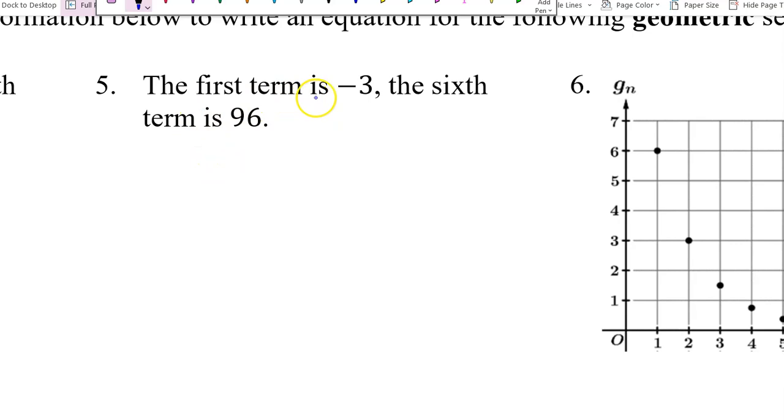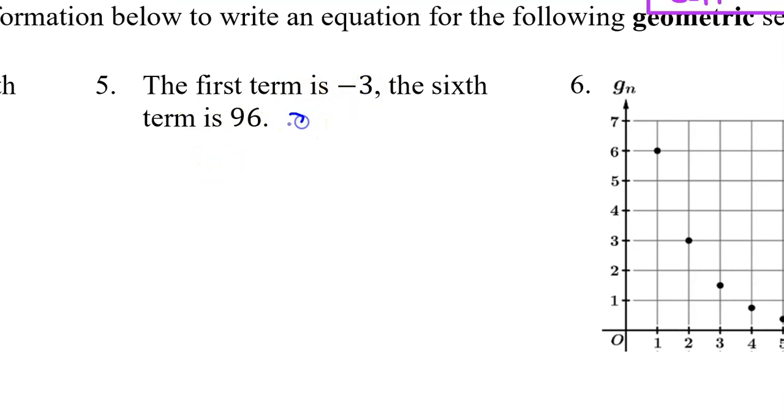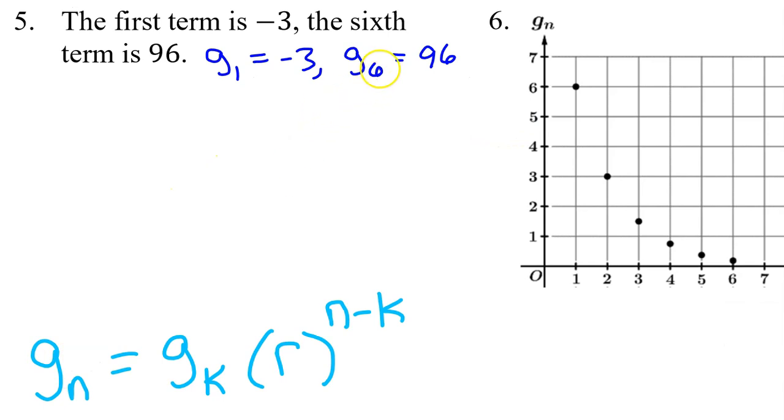Number 5, the first term is -3. So G1 is equal to -3. The 6th term is 96. So G6 is equal to 96. Let's put G6 in for Gn, and let's put G1 in for Gk.